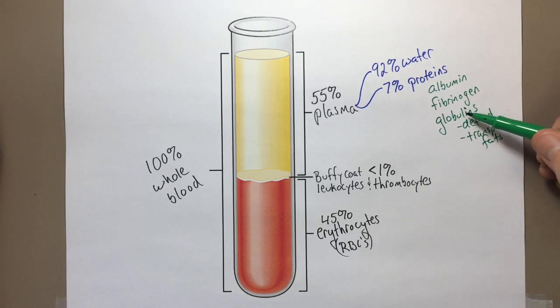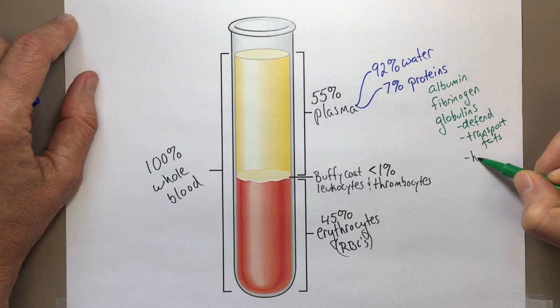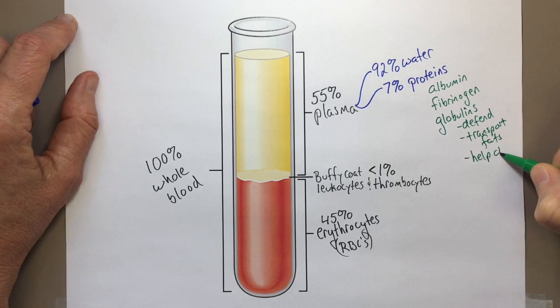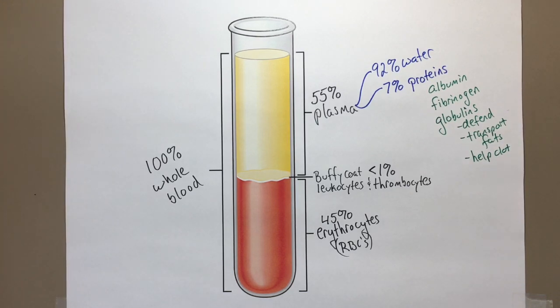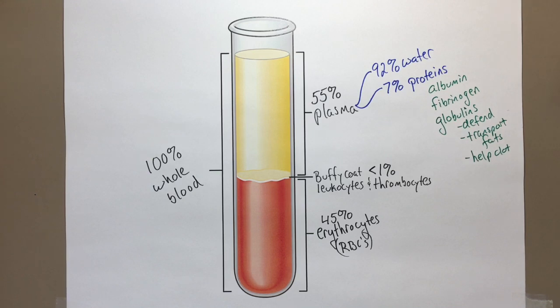And so some of our globulin proteins, it's their job to transport the fats through blood. And other globulin proteins will also help with the blood clotting process. And so you see there's a wide variety of proteins with a wide variety of functions. And so don't let that number fool you. Even though the proteins comprise only 7% of the plasma, their functions are far-ranging and significant.